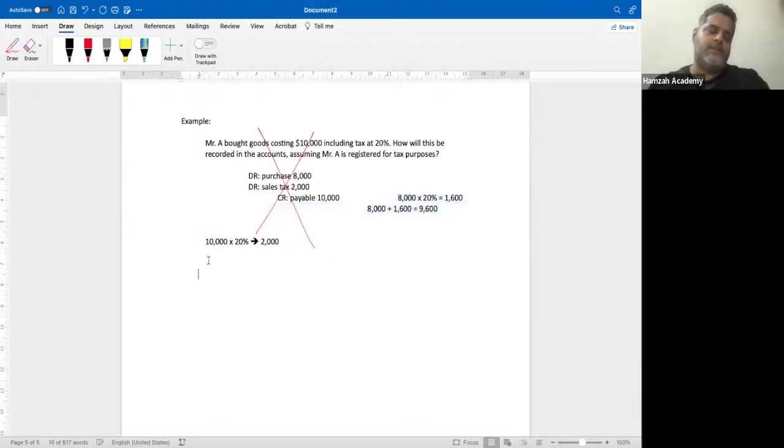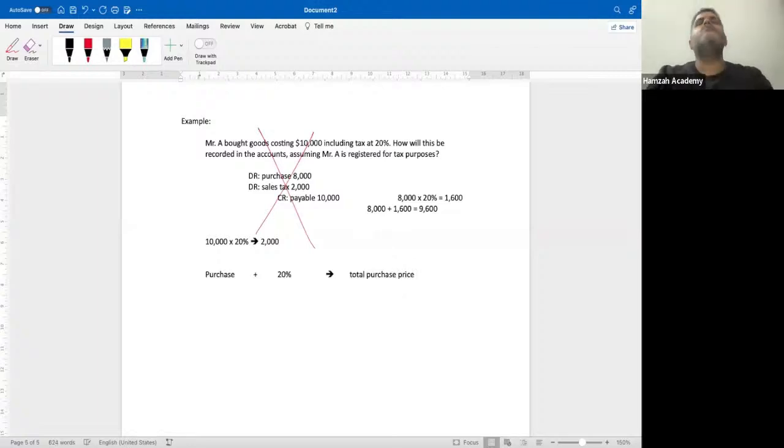Now, how to get the answer for this? If we try to put up the equation over here, the equation is purchase. We have the purchase. We add up the 20% of purchase in it, and then we get our total purchase price, right?